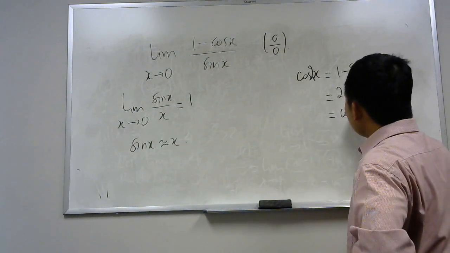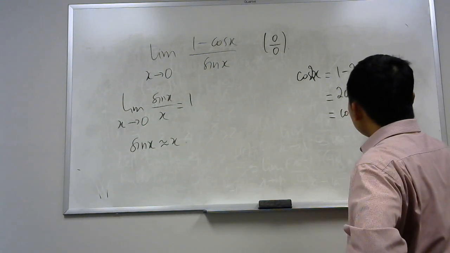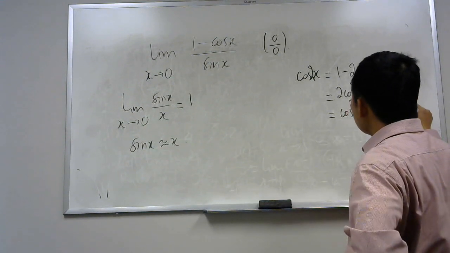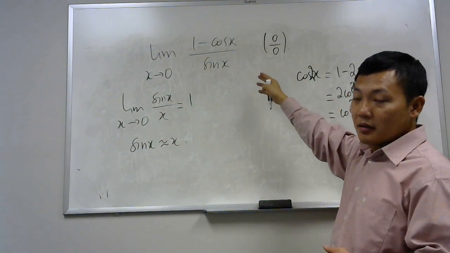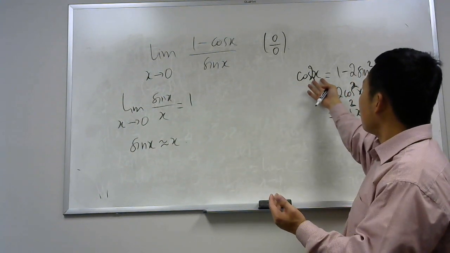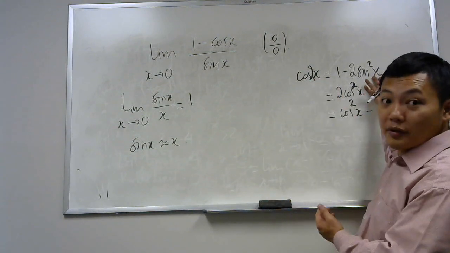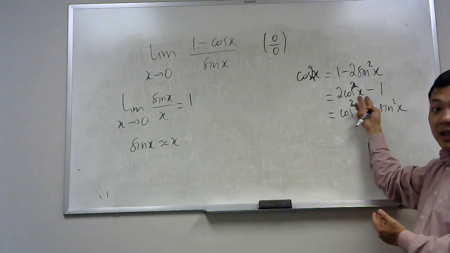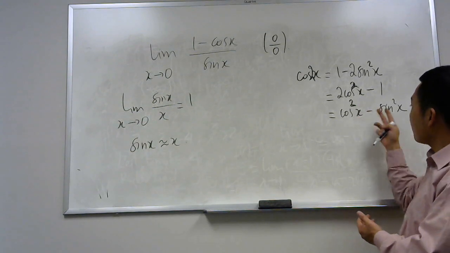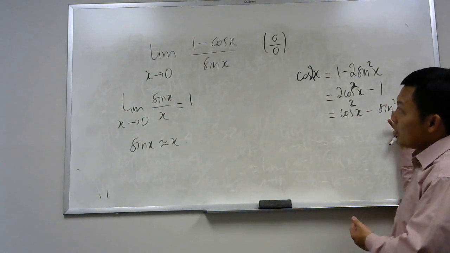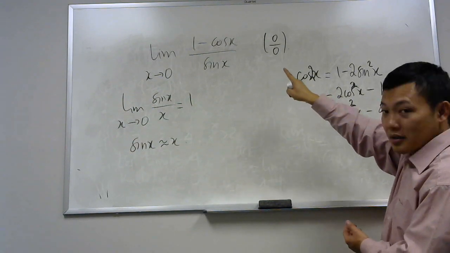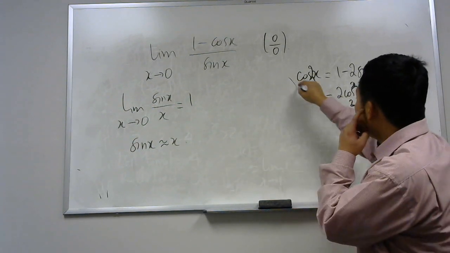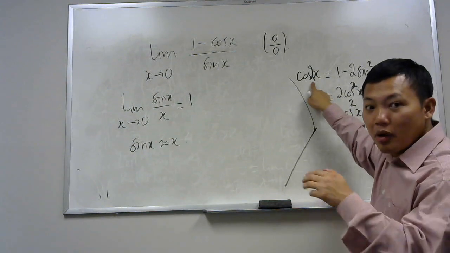Or sometimes you use cosine square minus sine square of x. So here is for 2x, but for x, we just need to replace x, and then here you have x over 2, here you have x over 2, and here you have x over 2, right?